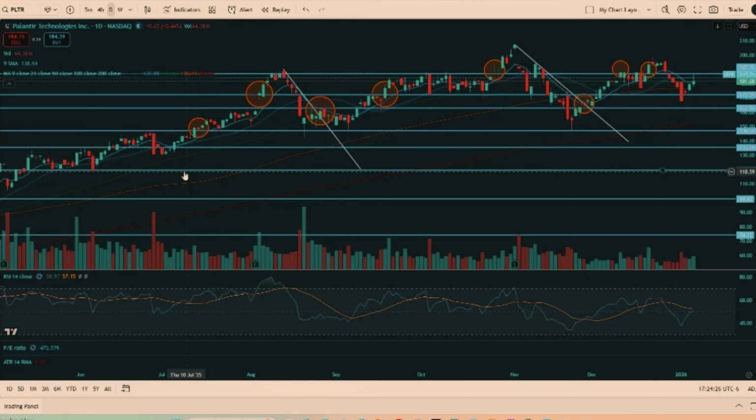Or are you the kind of person who doesn't want to get stopped out? So you might set your stop out level more here at, say, 127, 128, somewhere in that area. In which case, the move upside is not as good compared to how much you risked, but you're probably not going to get stopped out that often on this move. So again, this is where the chart can tell you what kind of personality you have.